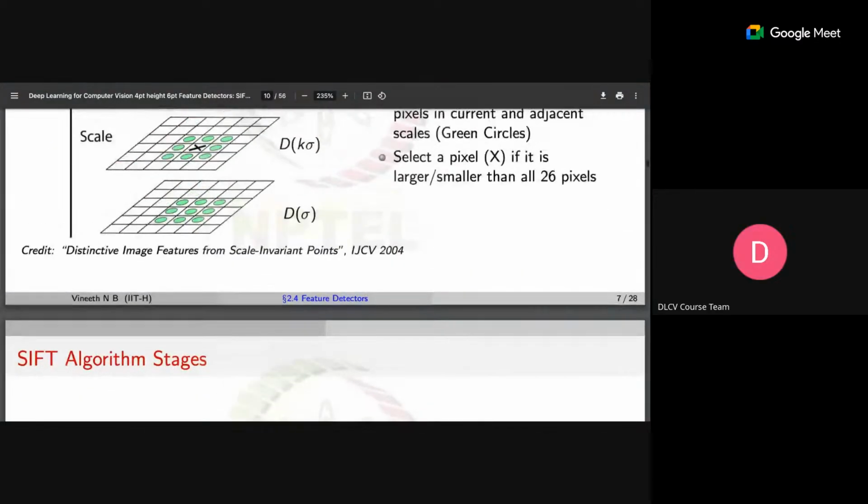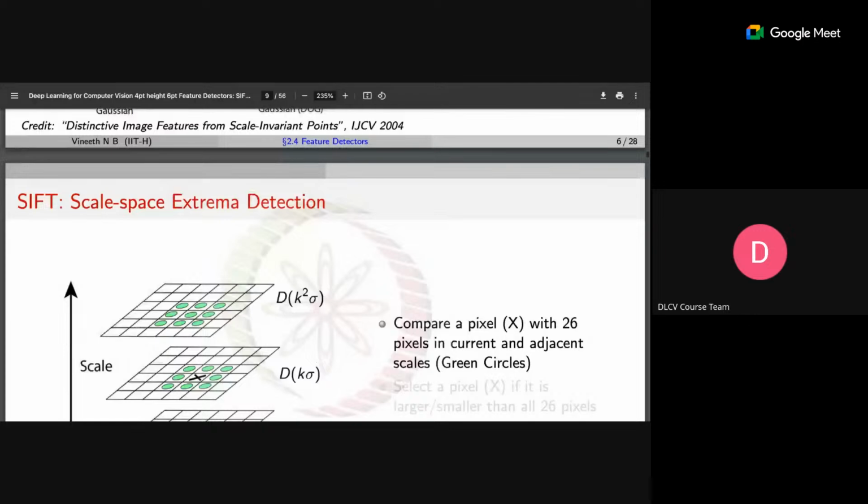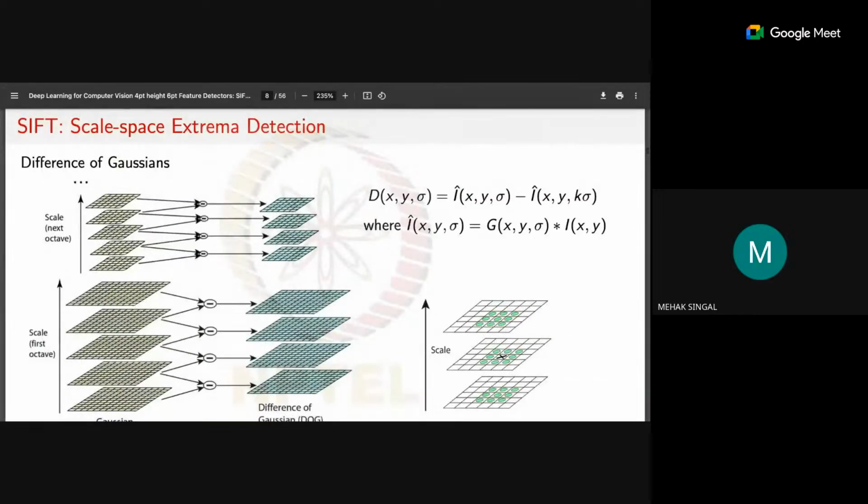You remember the previous step, right? Yes, sir. Slide 8. The output we got from the previous step was this D x y sigma, which is the change in the filtered image using a Gaussian filter sigma and using a Gaussian filter k sigma, right? So you have to subtract the k sigma from sigma basically.